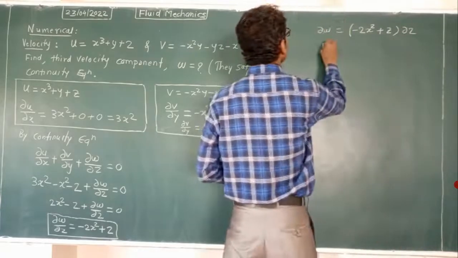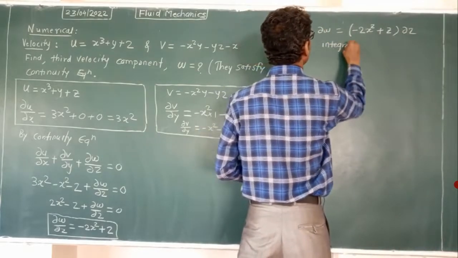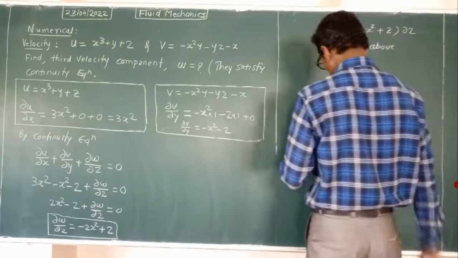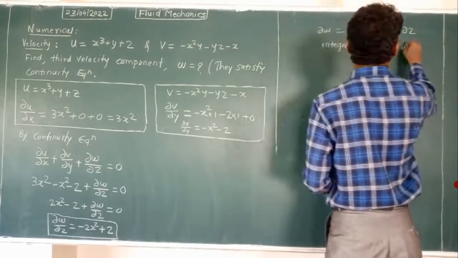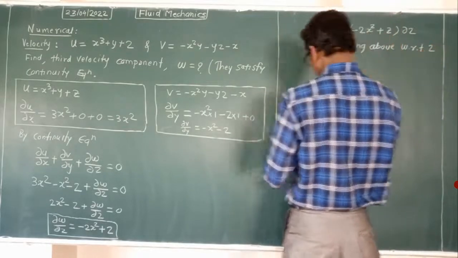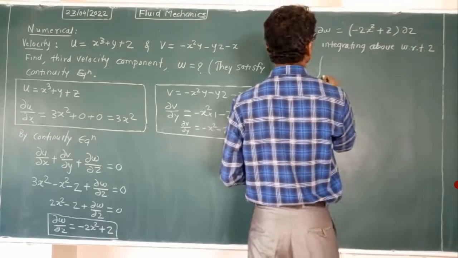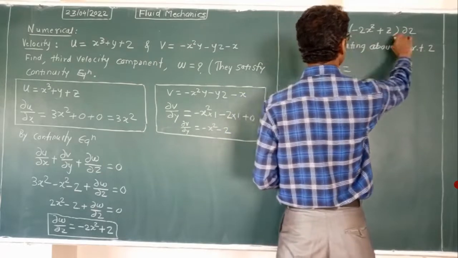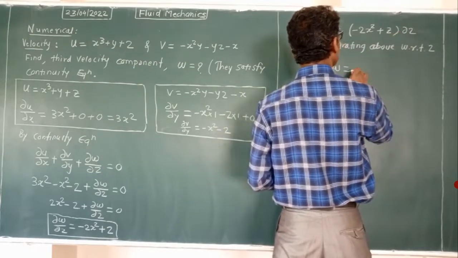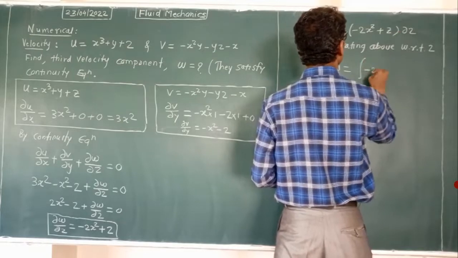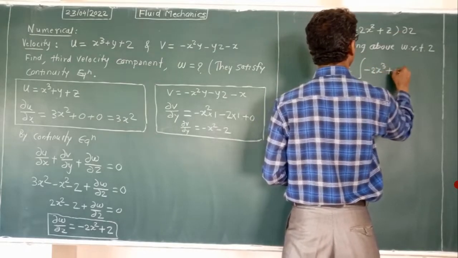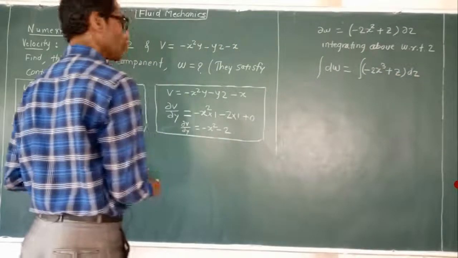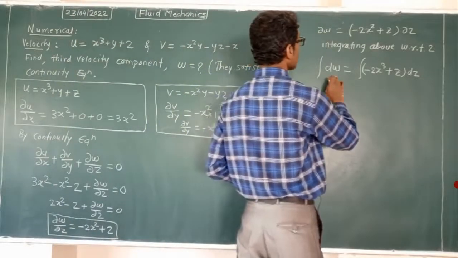Now integrating the above equation with respect to z. In this case we write this in exact differentiation form; this was the partial differentiation form. So now the integration of dw.